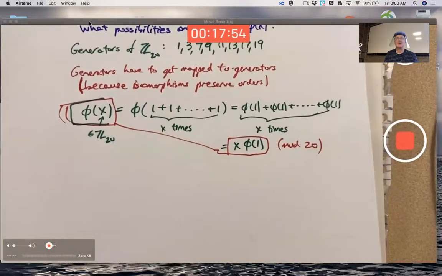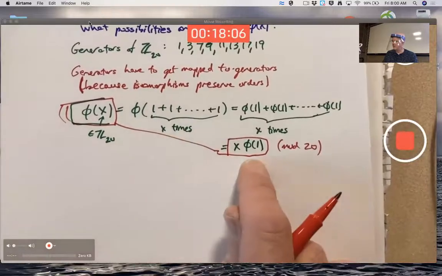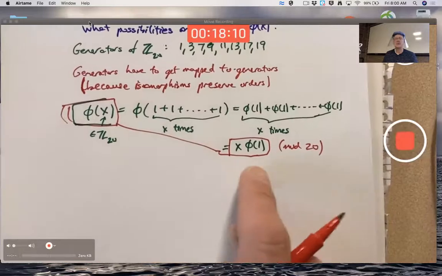That's sometimes called i hat, j hat, and k hat, or E1, E2, E3 are common notations for basis vectors. Very similar kind of thing here, using the fact that it's operation preserving. If we know what phi of 1 is, we know what phi of x is. And it's got to have this kind of formula.